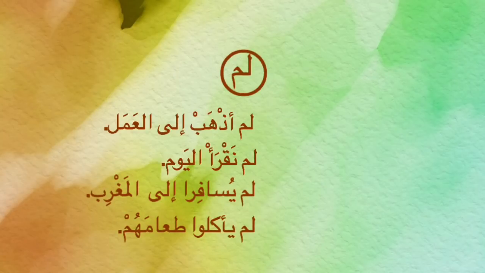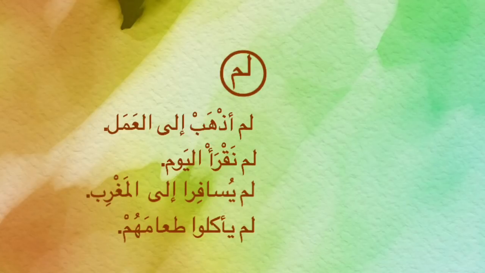For example, anti. If I have anti here, anti لم تسافري إلى المغرب. تسافرين is the present, it becomes تسافري. If I have هم لم يسافرون, it's gonna be لم يسافروا. We remove the noon.